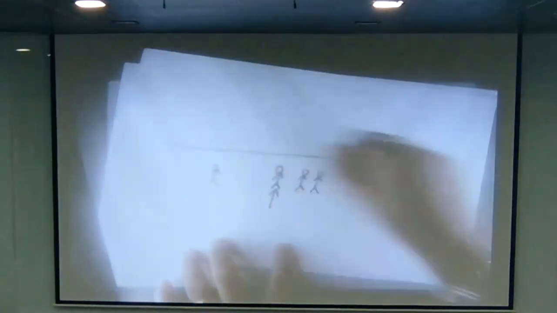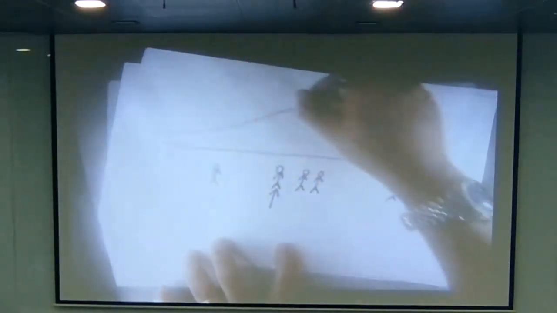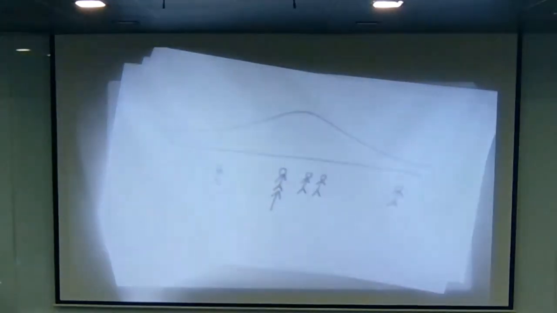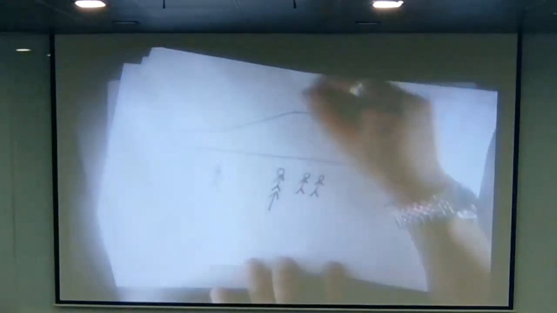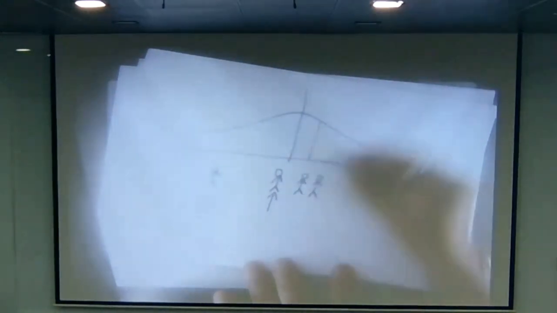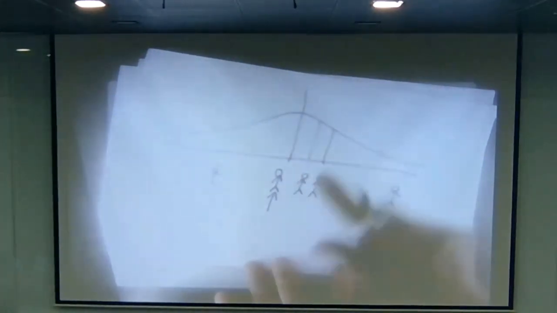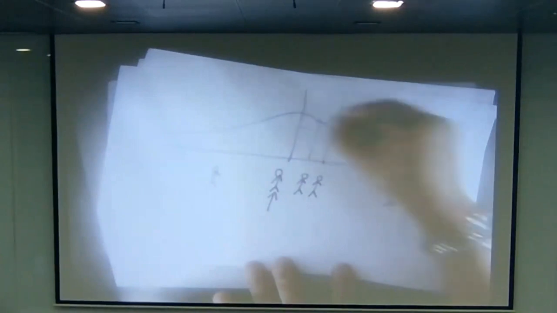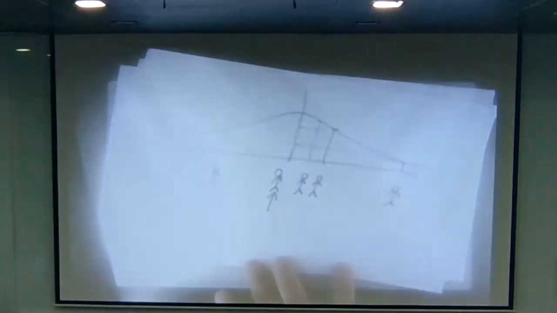I will draw a T distribution around it. And I say, well, of course, this is where you are. This is how close you are to this person, this coordinate. And obviously, this guy is not very close.